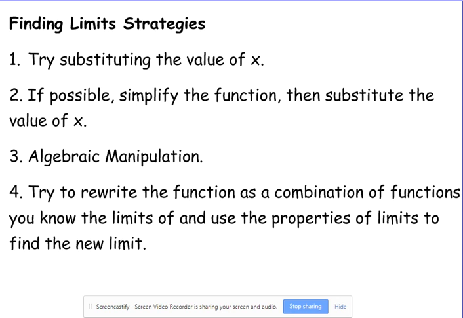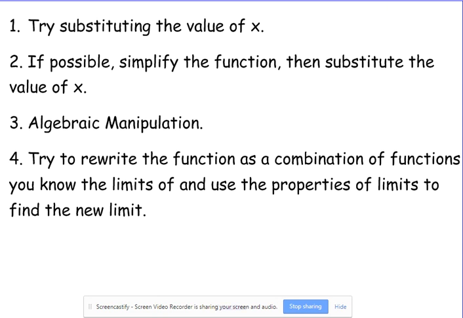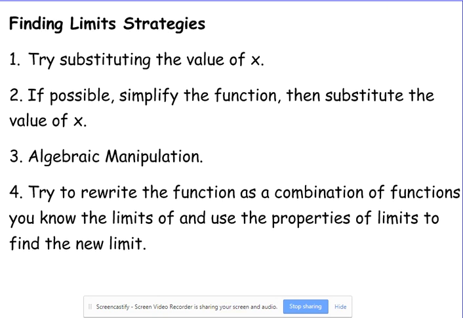If you can't do any algebraic manipulation, then number 4, you need to try and rewrite the function as a combination of functions whose limits you know. That's what we were doing with the tangent. We knew something about sine and cosine, so we rewrote tangent in terms of sine and cosine, so we could find that limit. Those are your strategies that you need to follow when you run into these problems.